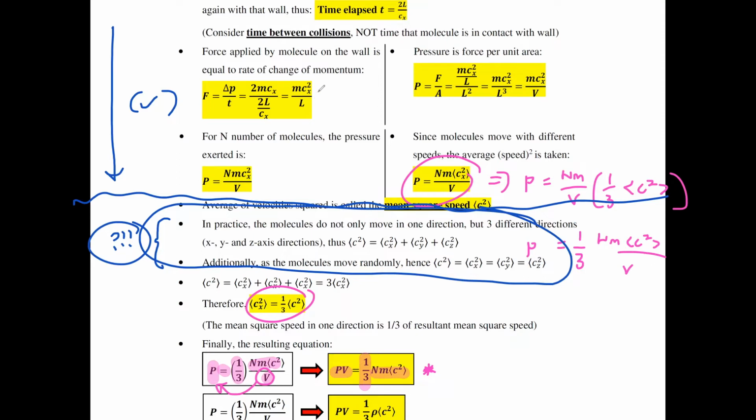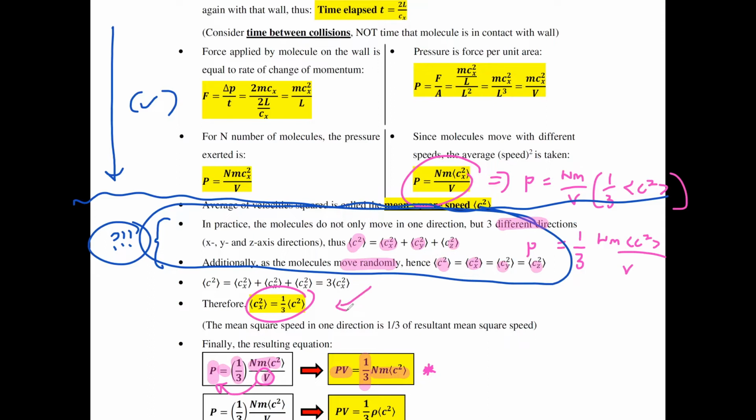So all you just need to know is that because your molecules move in 3 different directions, we say that c squared is equal to cx squared plus cy squared plus cz squared. But because the molecules move randomly, we expect equal proportions of them moving in all the different directions. So we can say cx squared equals cy squared equals cz squared, each being 1/3 of c squared. Then after that, we get this.